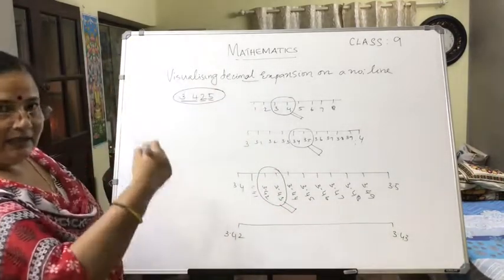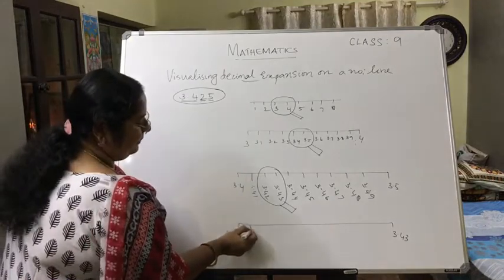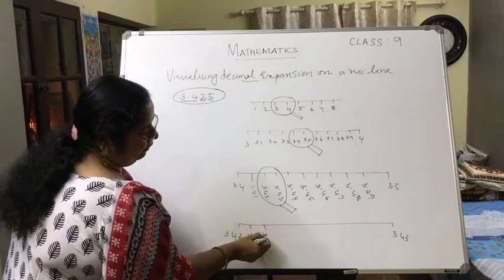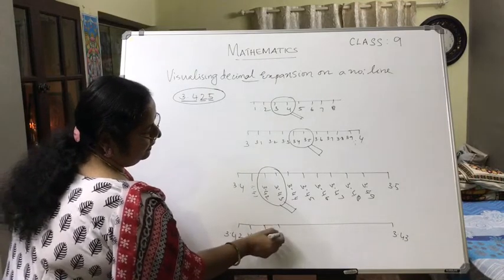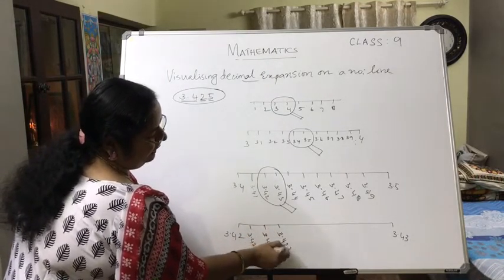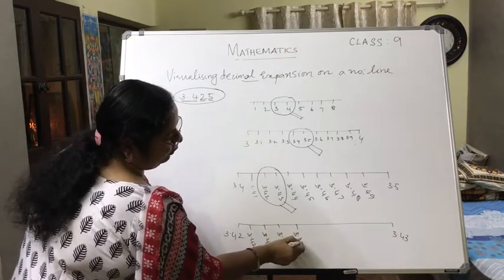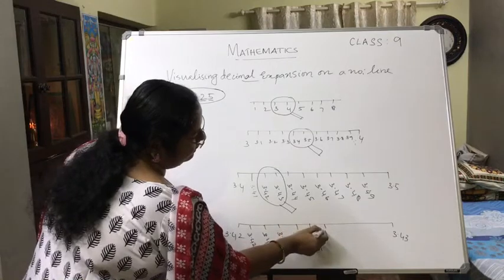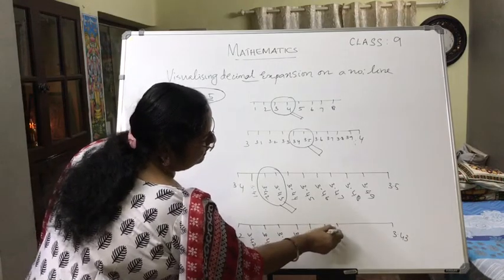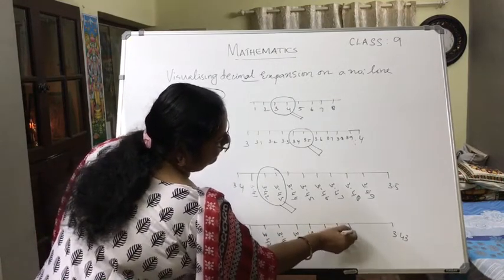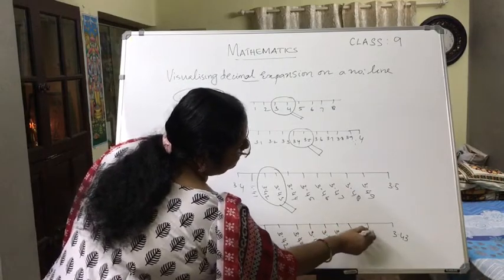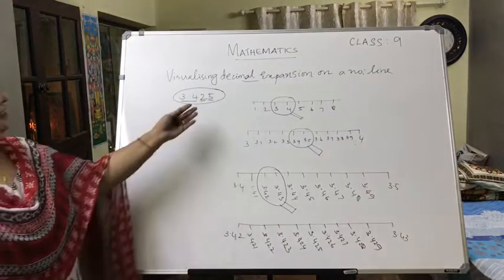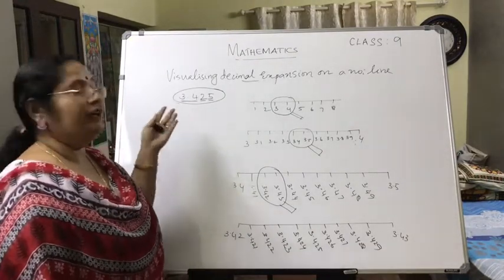Again let us divide it. This will be 3.421, 3.422, 3.423, 3.424, 3.425, 3.426, 3.427, 3.428 and 3.429.